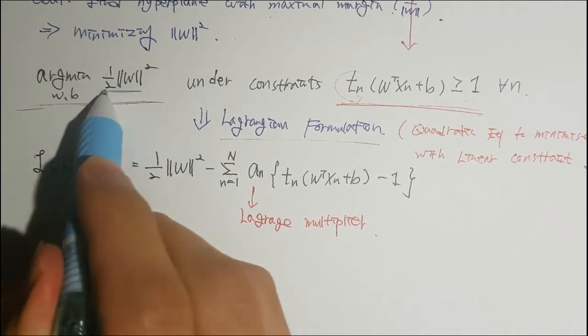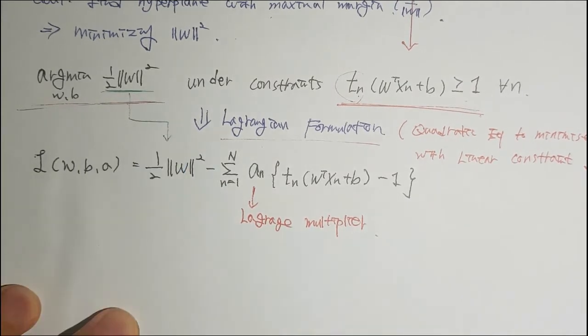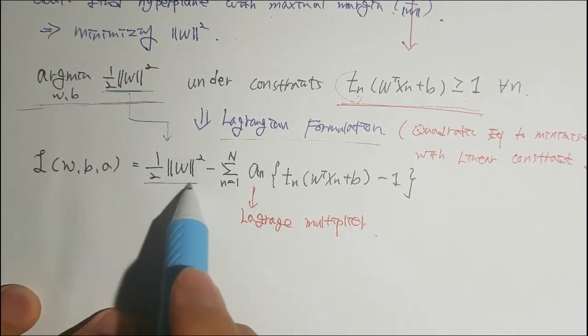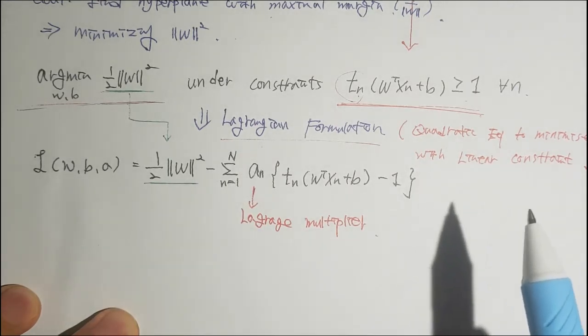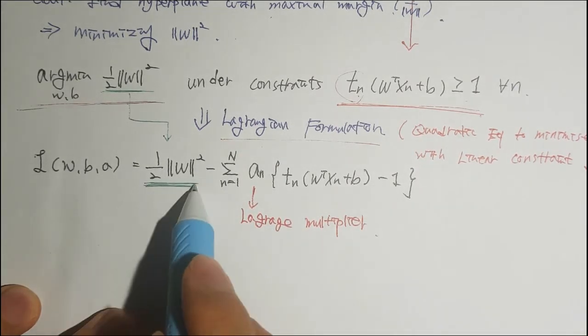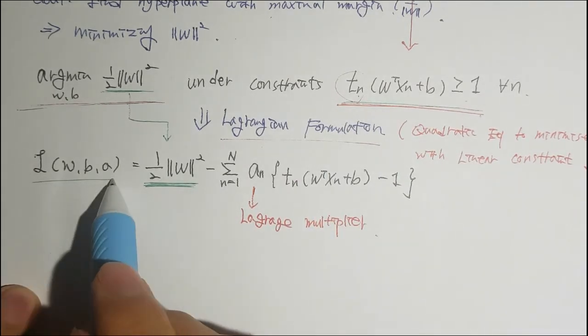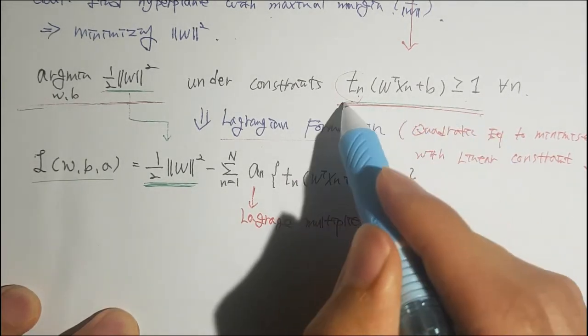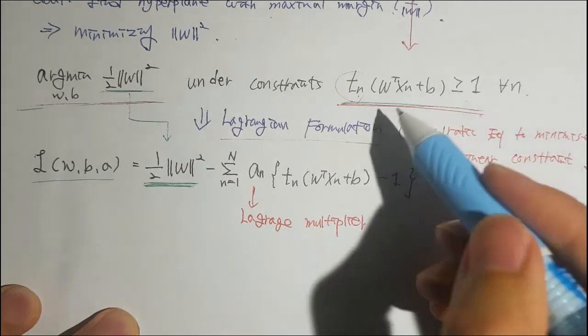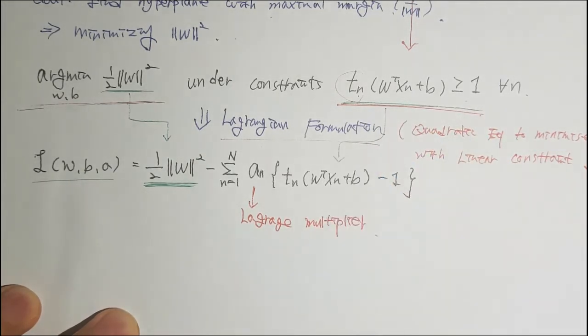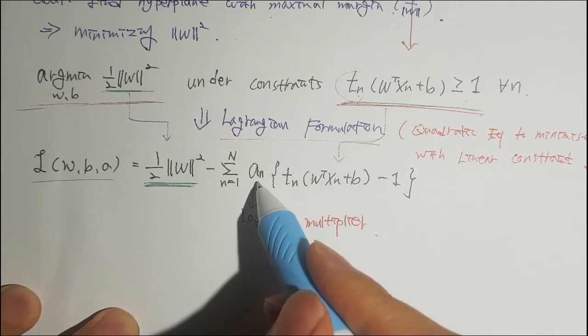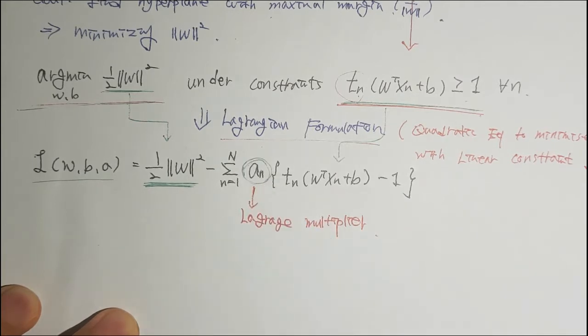We just put our original cost or loss function, our objective function, and this Lagrangian equation can combine and include the constraints in our equation. And here we have the Lagrange multiplier.